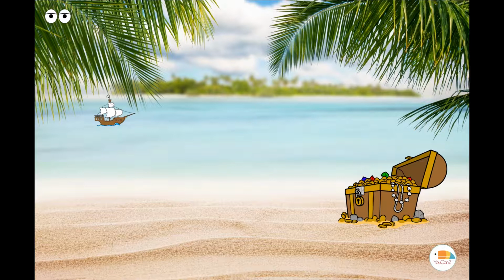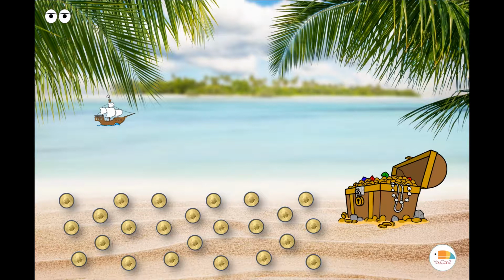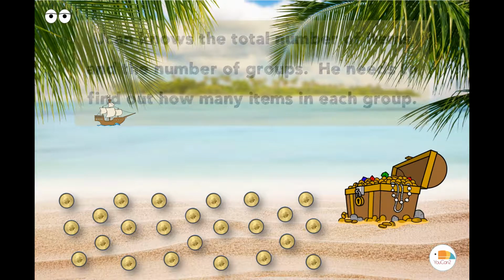How much did you find? 24 gold coins. And how many pirates on board? Oh, 2. But you probably want some gold also. Let's use your division to make sure you share those 24 coins equally. Or else.